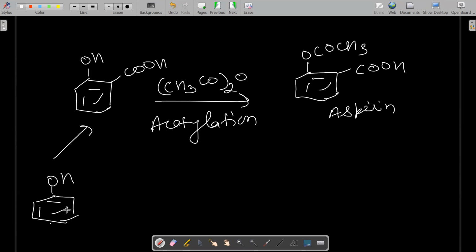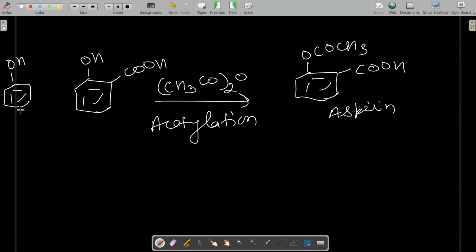First you write the starting material, that is phenol, and the final product, that is the aspirin structure, and then you think about what steps to follow. When you write the structures, it immediately strikes you that we have to do the conversion in two steps.